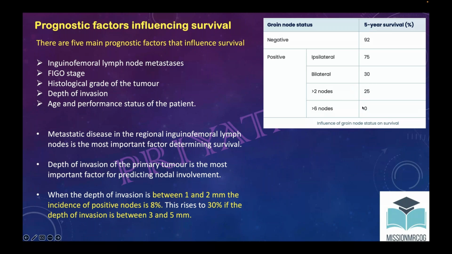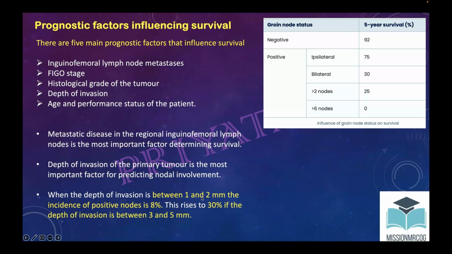But as the nodes involved in metastatic disease increase, it affects the survival. Another thing, though it is not necessary to remember: when they examine the lymph node under the microscope, they calculate the depth of invasion. If the invasion is level 1 and 2, the incidence of positive node will be 8%.